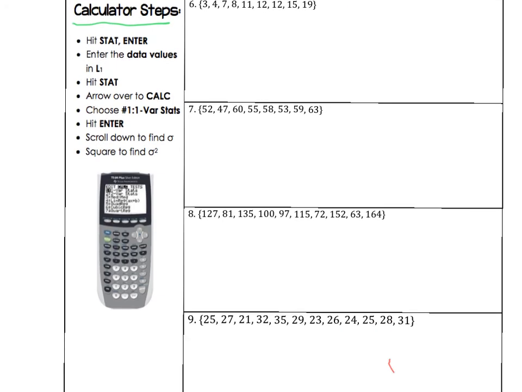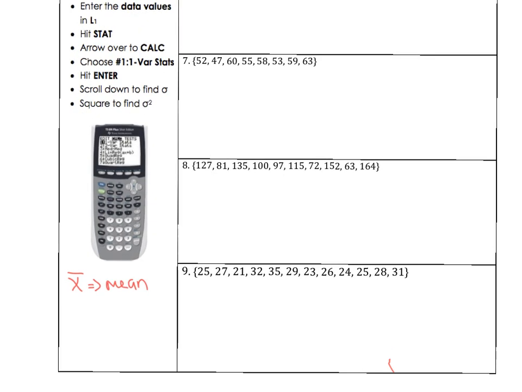First thing you will see on there is x bar. X bar is your mean. The next thing you will see, if you scroll down, is the Med. That means median. And then to find the standard deviation on your calculator, you will see sigma x. And that is where you will find standard deviation.